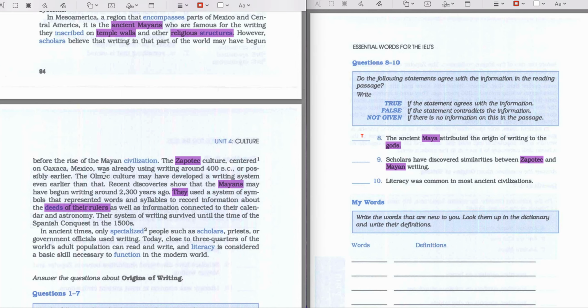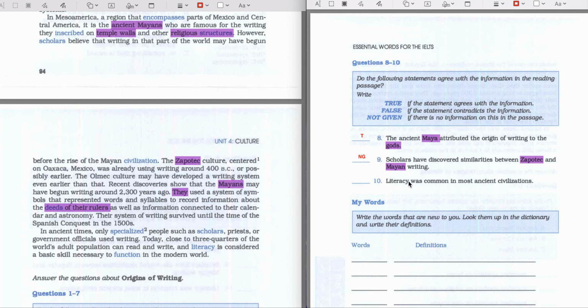They were saying about Zapotec culture, right? And they were not comparing at all. They were just saying that they just came up with their writing even earlier possibly, but they're not saying about the similarities or the differences. Let's say not given. Can't say that this information is given in the text.